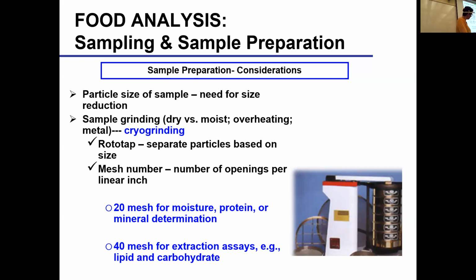Here in this picture is a grinder with different sieves, where you can determine the mesh size by putting in different sieves. So your particles pass through a certain mesh size: they're below 20 mesh, they pass through 20 mesh, or they're below 40 mesh, they pass through 40 mesh sieves.